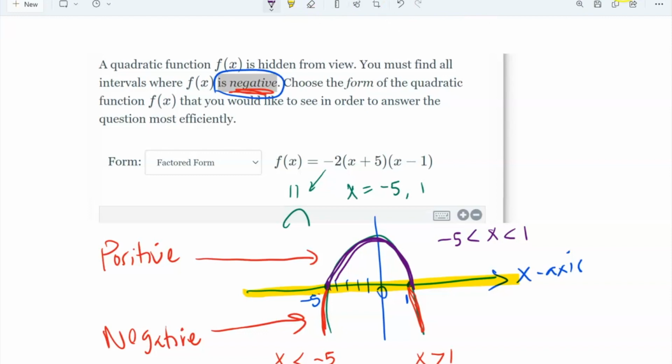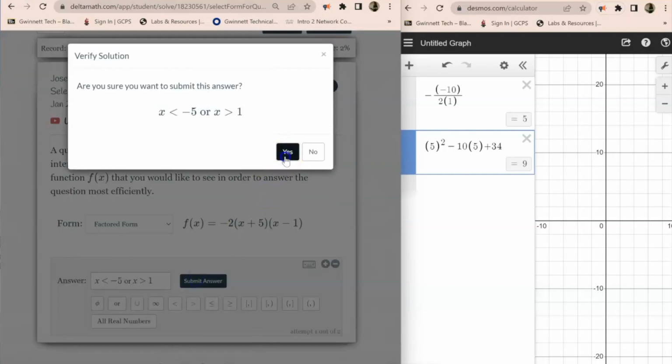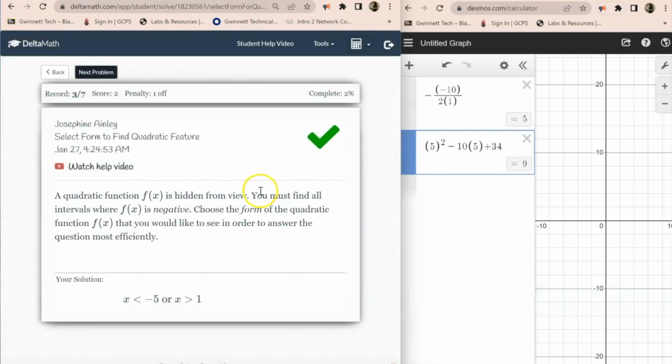So x is less than negative 5, or x is greater than positive 1. Okay, so that's how you do both, positive and negative.